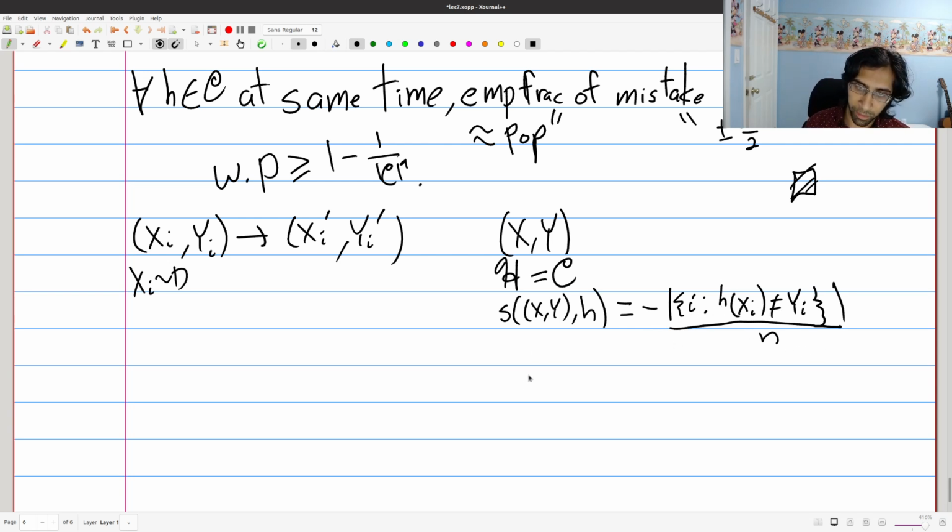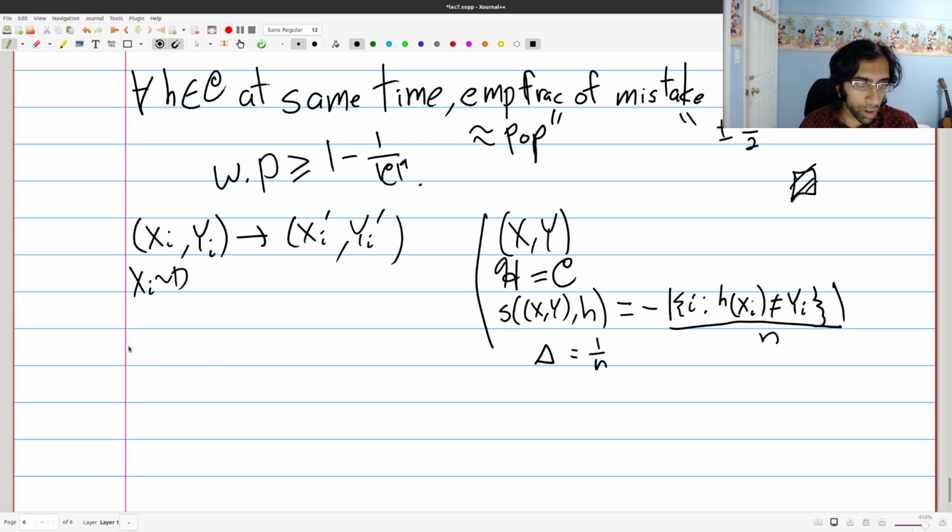Importantly, what is the sensitivity of this? The sensitivity is equal to 1 over n, just by seeing that changing one data point can change the size of that set by at most 1. Now, these definitions and the sensitivity computation are all we really need. Why is that?